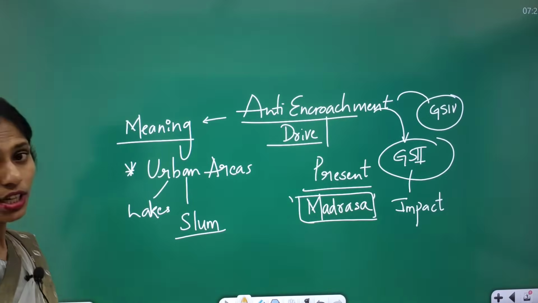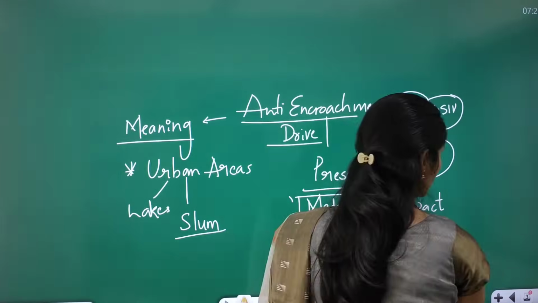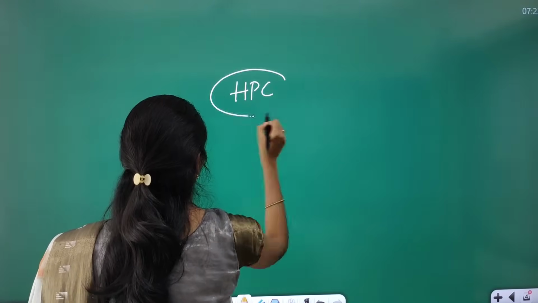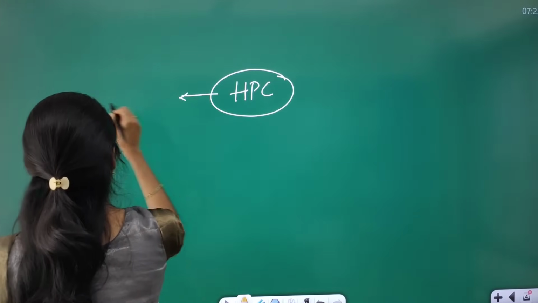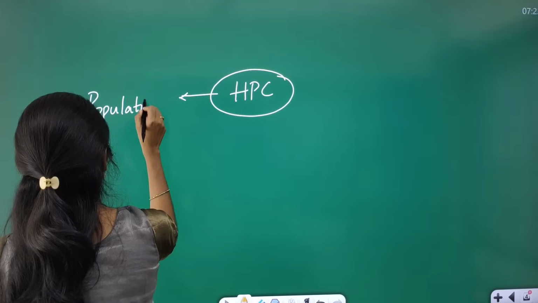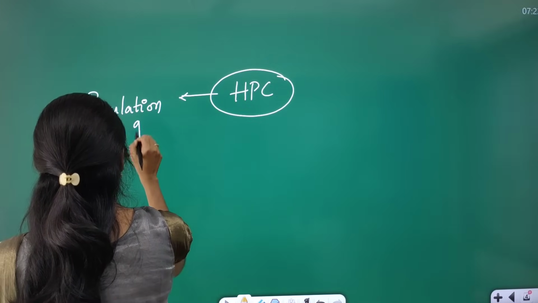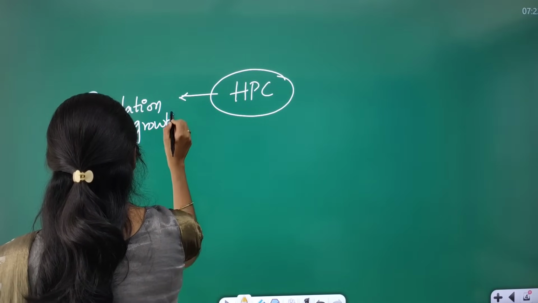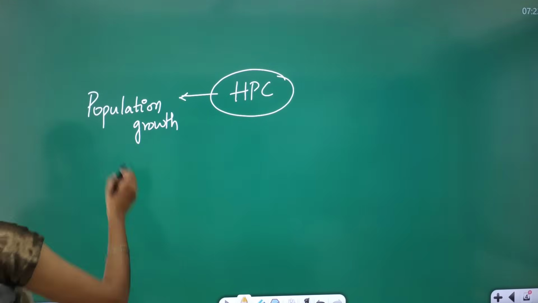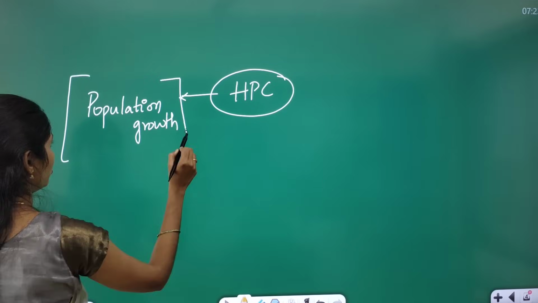You know that recently in our interim budget, the central government said that they are going to come up with the HPC, the High Powered Population Committee, to look at issues of population growth.